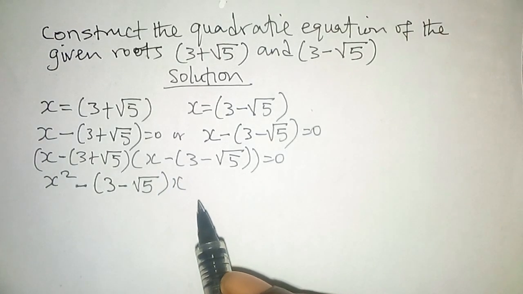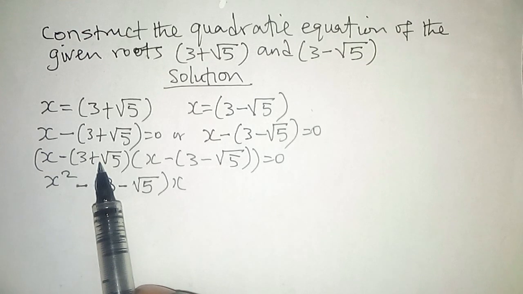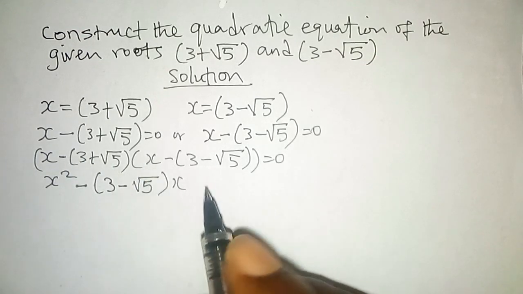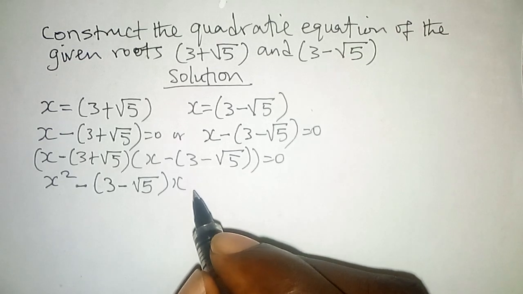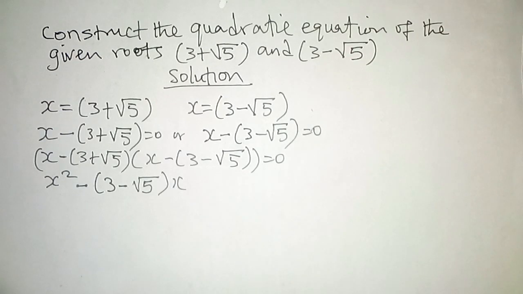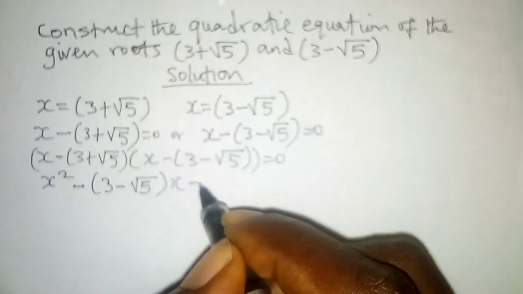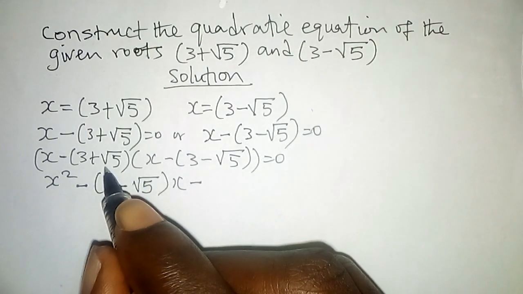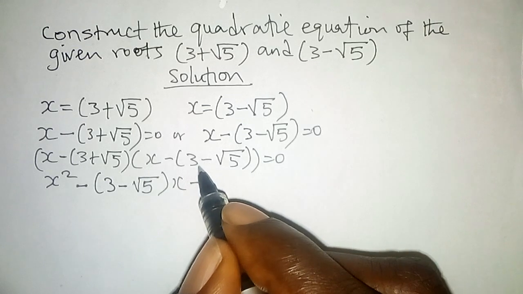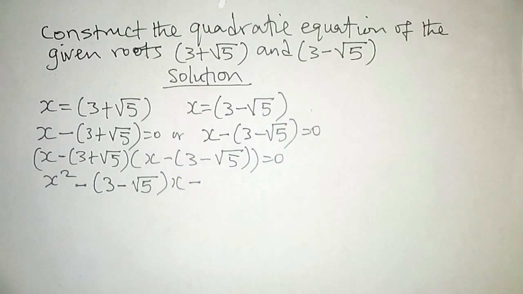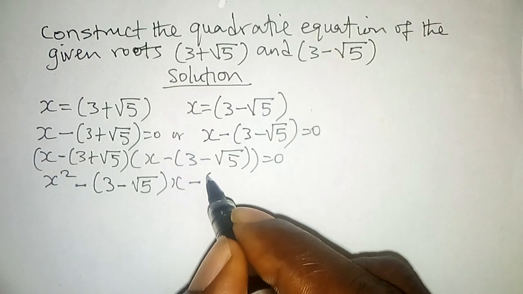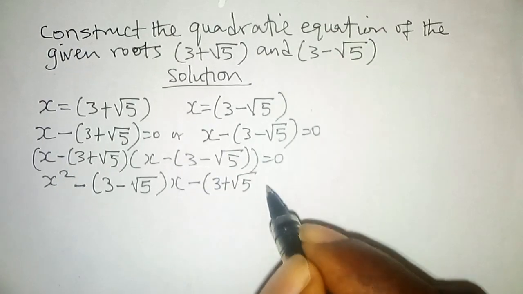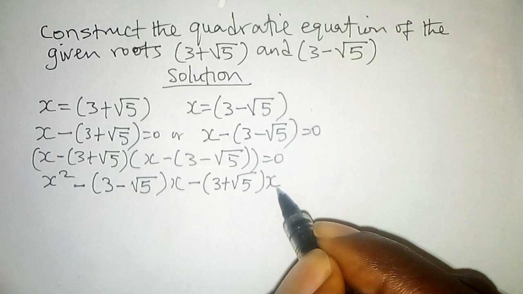So now we use this to multiply x. It will give us minus (3 plus the square root of 5) x.